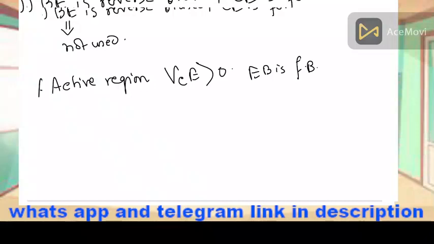Now the transistor can be used as a switch also, but we will see later on what the switch is. First of all, we will try to understand the amplification, and for that some important concepts are required. Whatever we are discussing right now is for DC voltages.